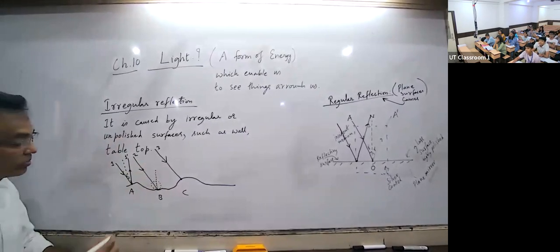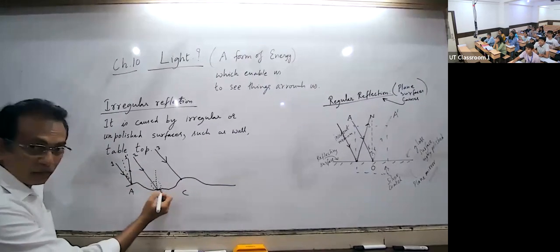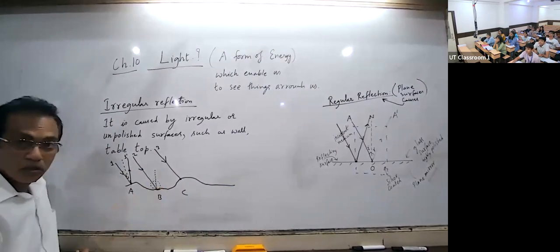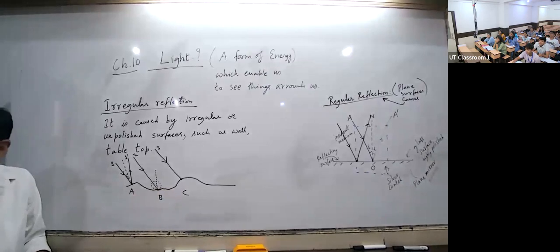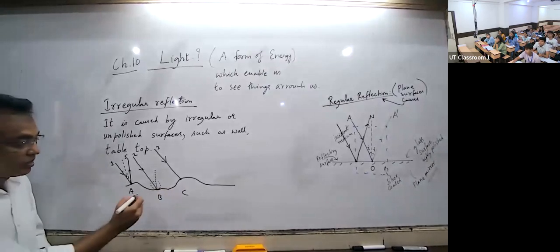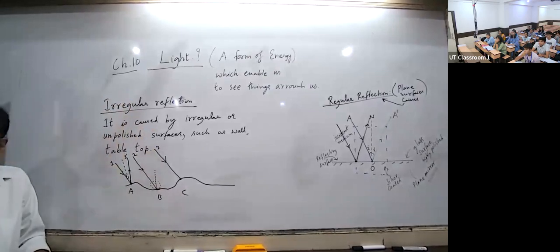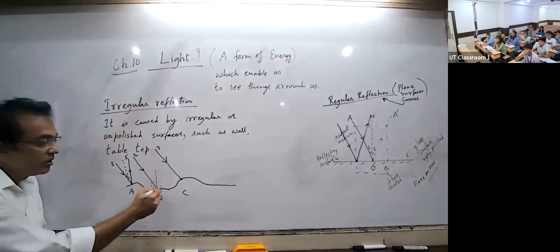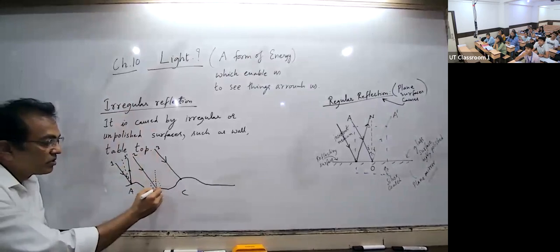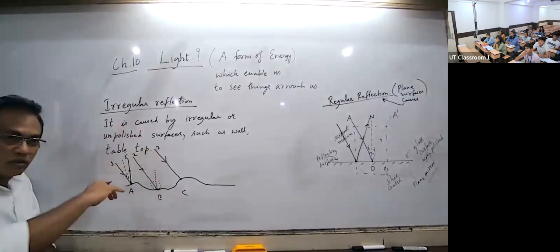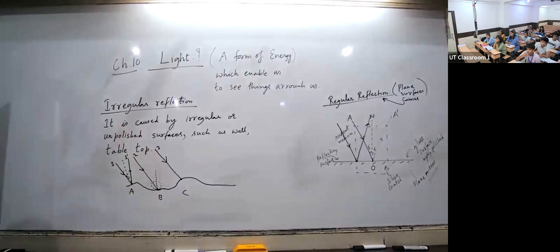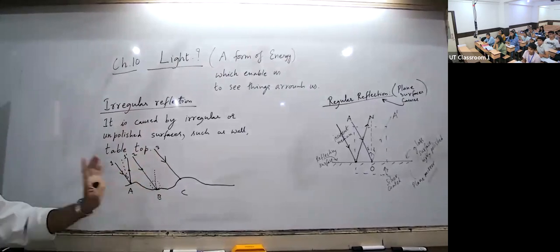Why is it so? Because if I draw a tangent over here, it will be perpendicular to the radius. So for every curved surface, the normal is the radius. You complete the curvature, it is part of some sphere, so you imagine that. That radius is the normal.